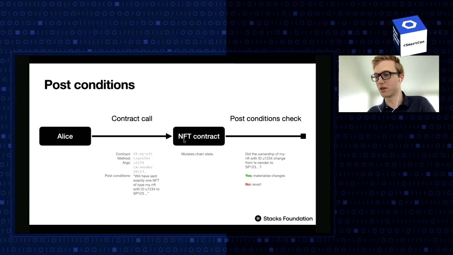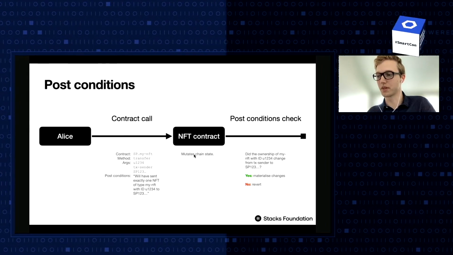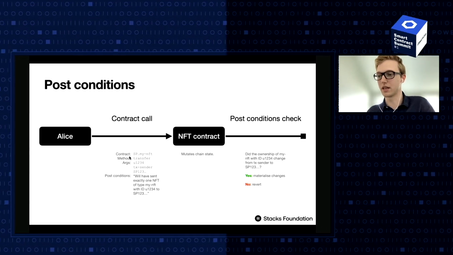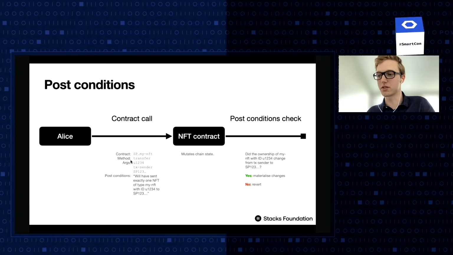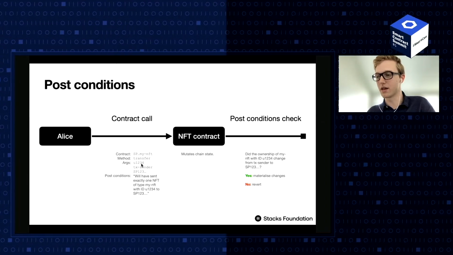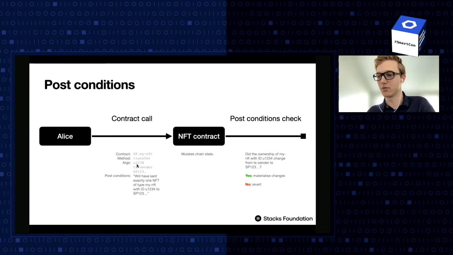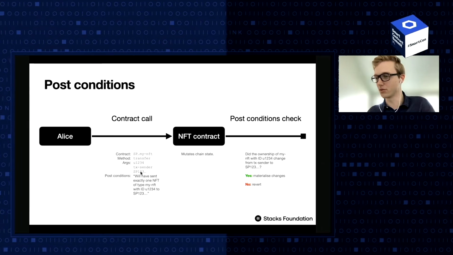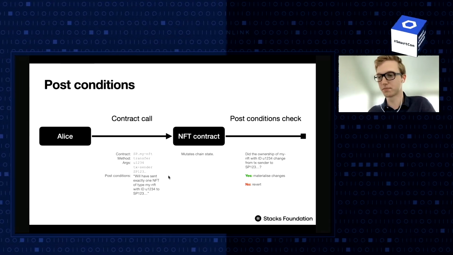The NFT contract then could mutate chain state and do some particular things. Let's say that Alice calls the method transfer, and she wants to transfer an NFT with ID 1234 from the transaction sender, so from herself, to some different address.